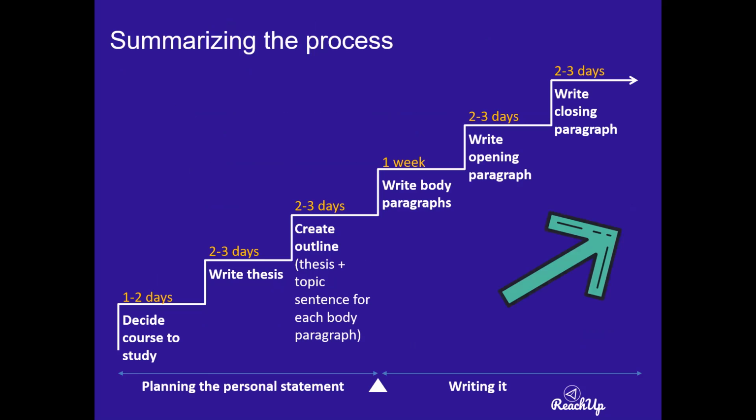Well, first you decide what course you want to study and write about as part of your personal statement. And then, as we've just done, you'll write your one-sentence thesis that answers what you want to study in university and why. And then you're going to create the outline, which includes the thesis and then the topic sentence for each body paragraph.